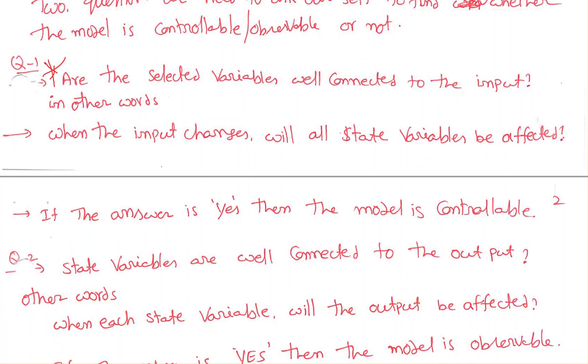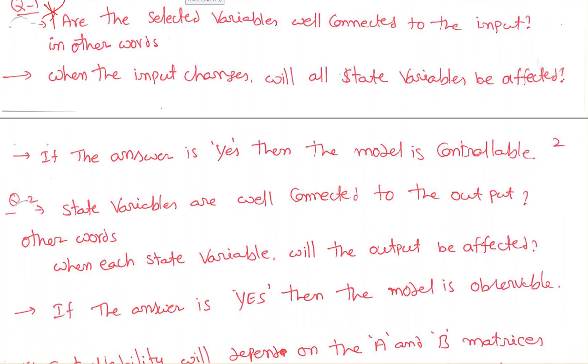The second question is, are all state variables well connected to the output? In other words, when each state variable changes, will the output be affected? If the answer is yes, then the model is observable.